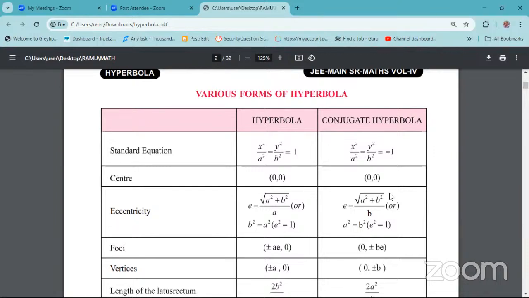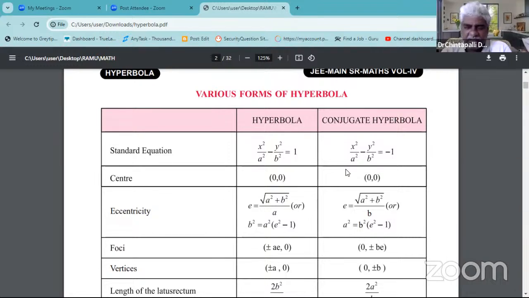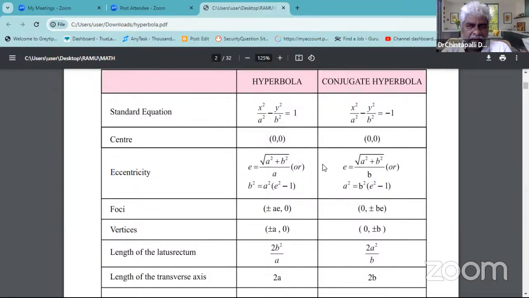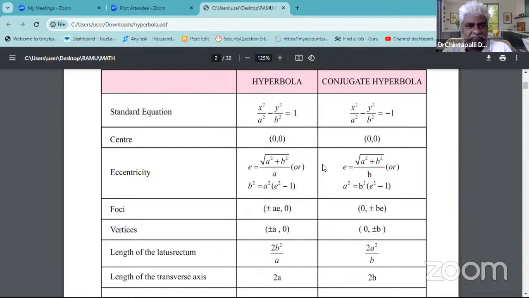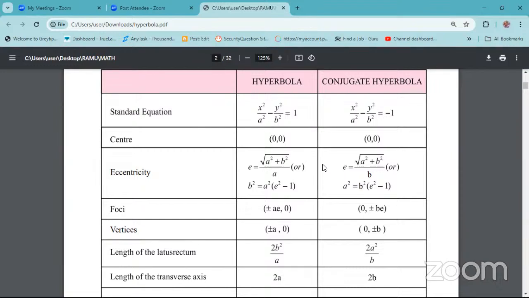Because we had a deep study on ellipse and we are learning hyperbola, we are just comparing the values of hyperbola with that of ellipse. Center is 0, 0, same. Next, eccentricity. Root of a square minus b square by a square.